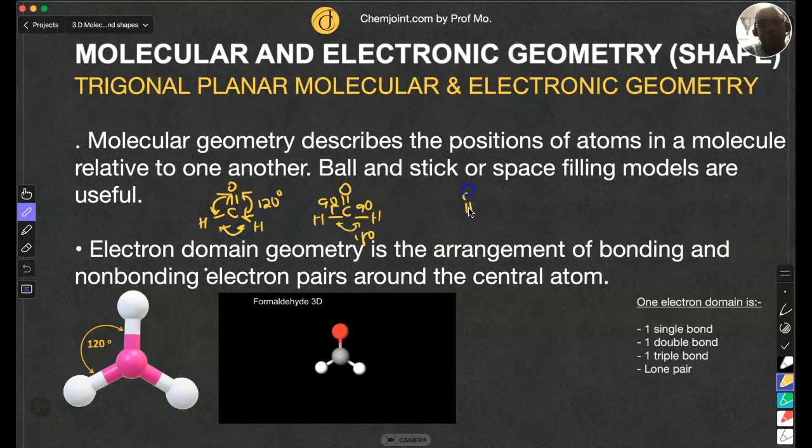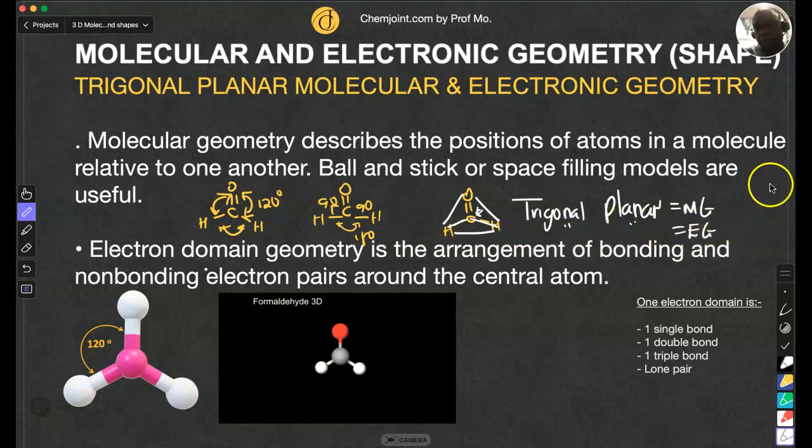Now for molecular geometry, which is just connection of the elements, connect hydrogen to oxygen, you get a triangle. And they're connected even in there. So the molecular geometry is trigonal planar. There's no lone pair on the central atom, so the molecular geometry is predicted to be similar to the electronic geometry. It will be trigonal planar.